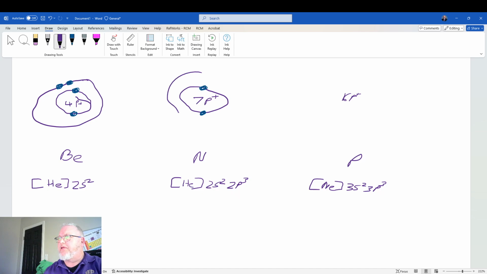Let's draw that second level here real quick. Sorry, I'm not doing circles. 2 and that S, and then 3 more. Now I'm going to go ahead and draw the phosphorus configuration here. It's going to have 3 levels because it's got a 3s2.